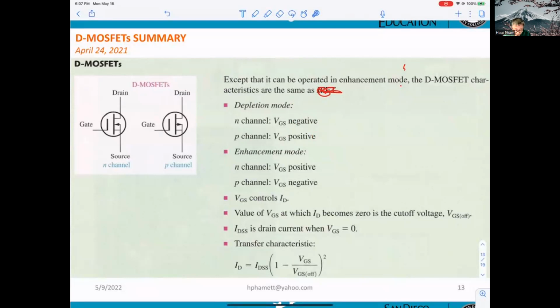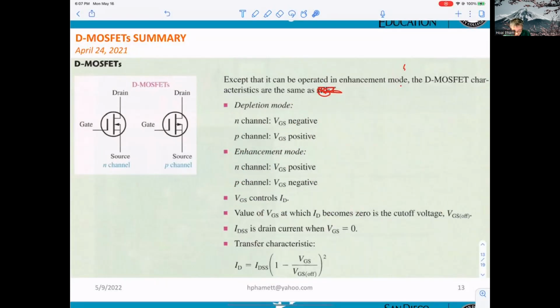If you're using enhancement mode, N channel VGS is positive, P channel VGS is negative. VGS controls ID. The value of VGS at which ID becomes 0 is the cutoff voltage.